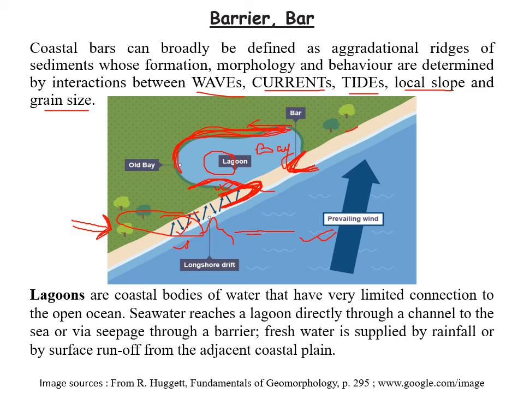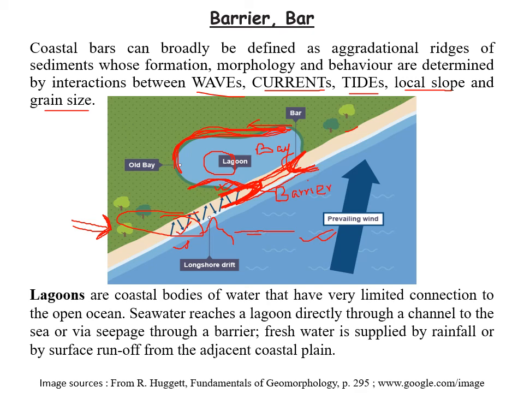narrow landmass. Now this landmass acts as a barrier which restricts the supply of water in this bay portion, in this closed water body, and thereby forms lagoons. So previously it was a bay.